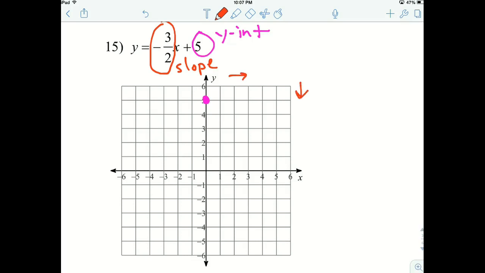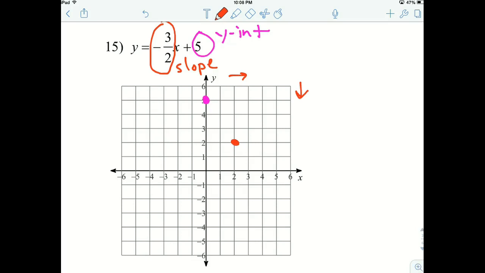And I see that my change in y up on top is 3. So I'm going down 3. So I'm going to be somewhere across from 2. And then I go over 2. So I go down 3 and over 2. And when I do that, it gives me this point right here.